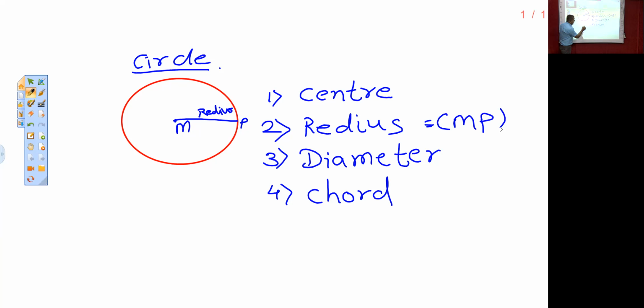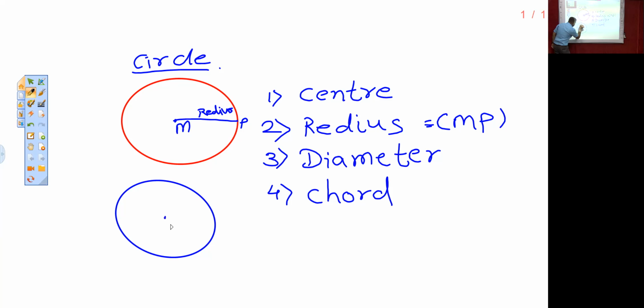Now next one, diameter. Diameter means the double of the radius is called a diameter. Again, I draw here one circle. This is the center of the circle. The line which passes through the center of the circle is called a diameter.